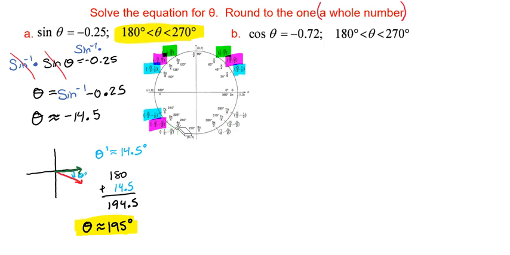So if, for instance, I wanted something to be in the third quadrant, and when I graphed it, it was in the fourth quadrant, notice that I can get these same values by using that same distance away. So if I can find out what my angle measure is here, I can simply add that on to the 180.